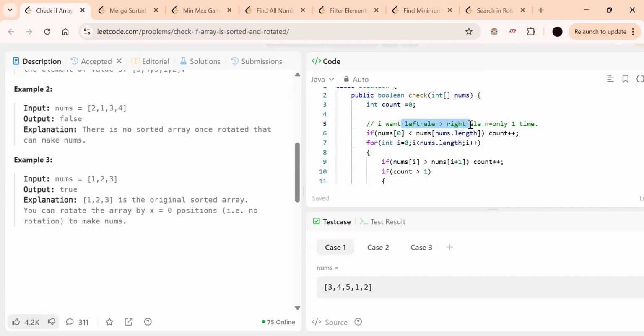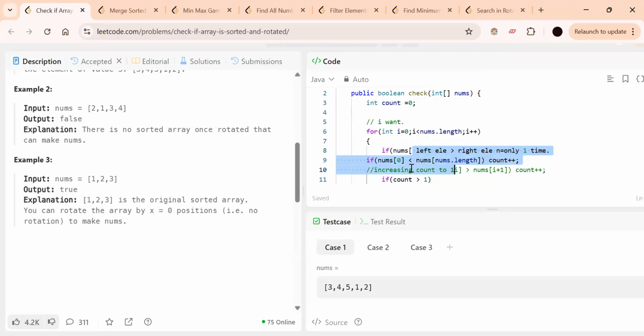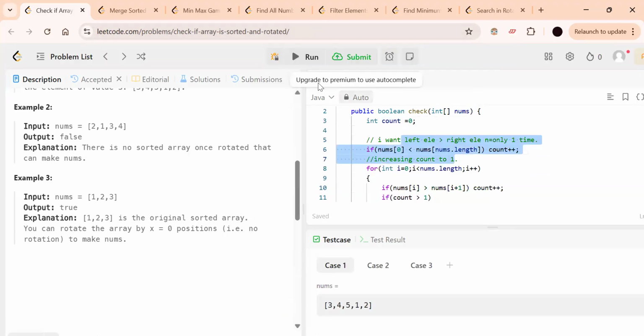Even though if it becomes true, it should fail. Only one time it should fail. So that's why we are increasing the count value to 1, because we are using the same count variable to count this scenario and the other scenario. That's all, guys. Nothing much here.